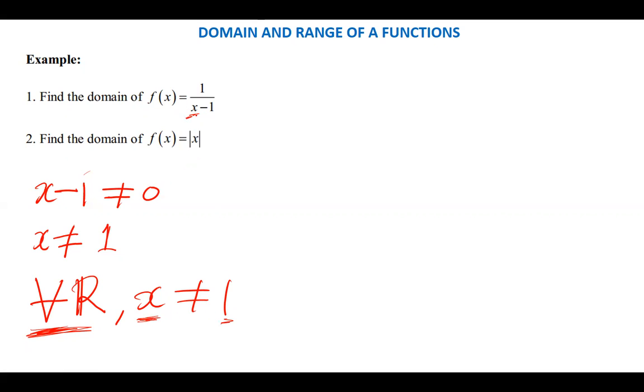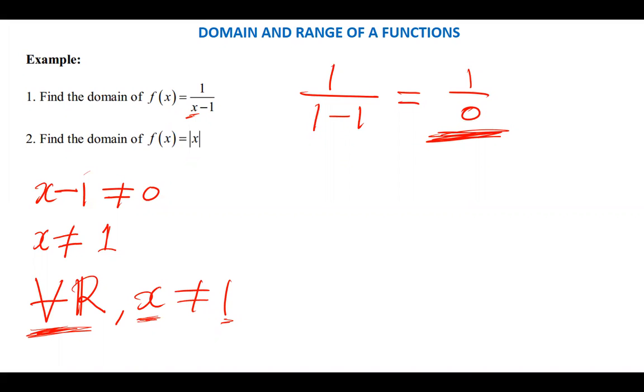Once we put 1 there, we are going to have 1 over 1 minus 1, which will be 1 over 0. This is a situation that we don't want. So that is what it means when we say find the domain of any rational function. You just equate the denominator to 0.